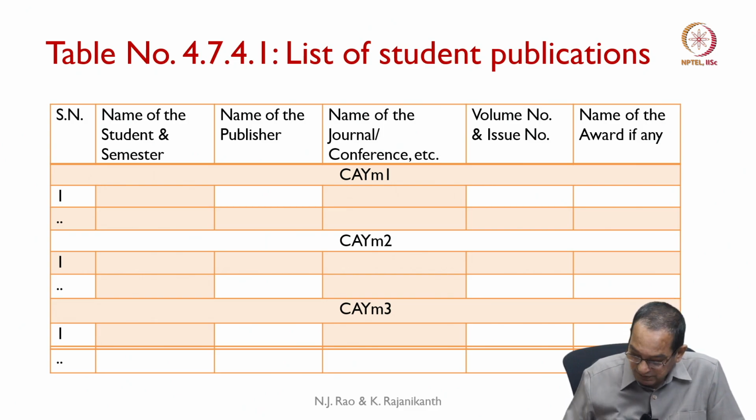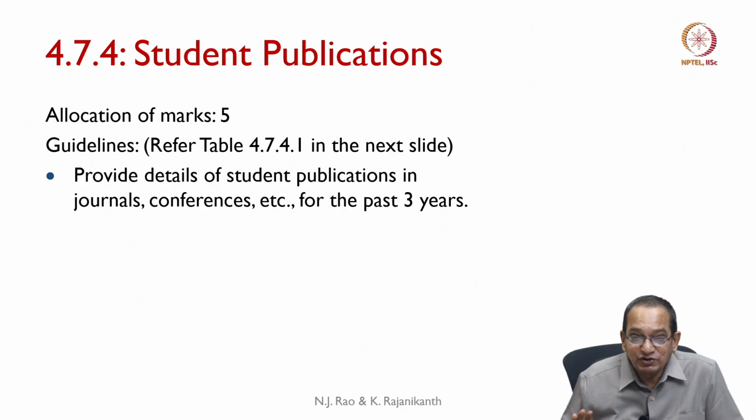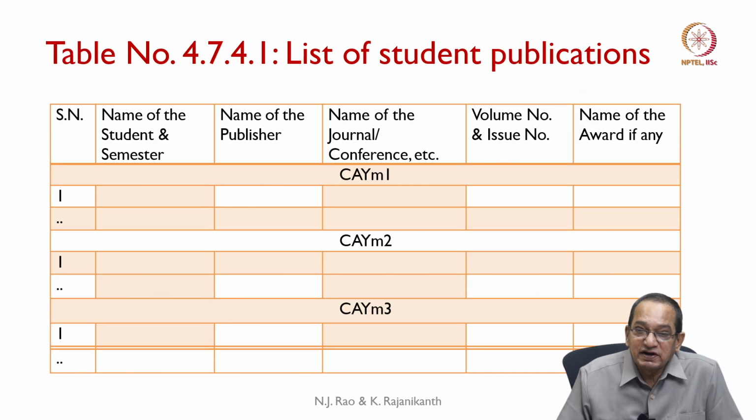This is extremely important. Once again, though there are only 5 marks, this criterion is an excellent indicator of the academic excellence of the students and the general ethos in the department. So take care to see that you have enough data to indicate the activities of the students.